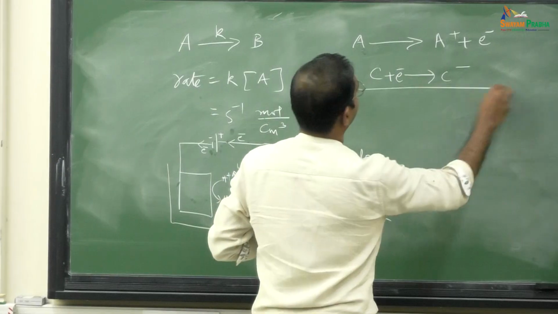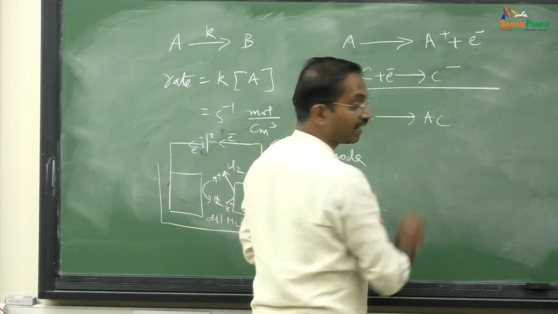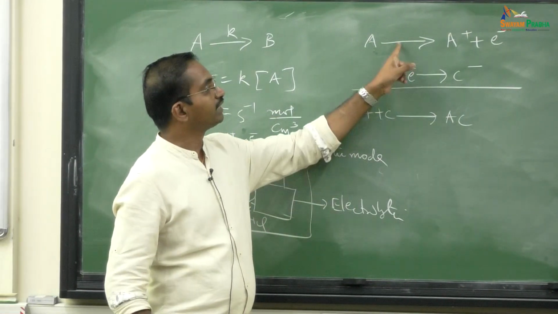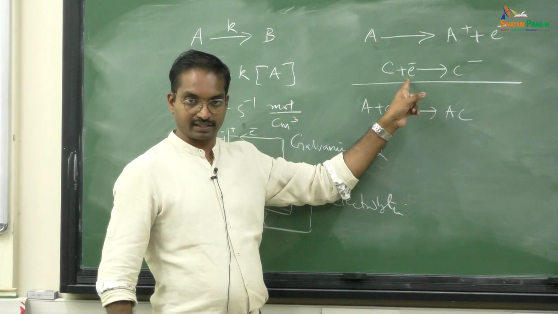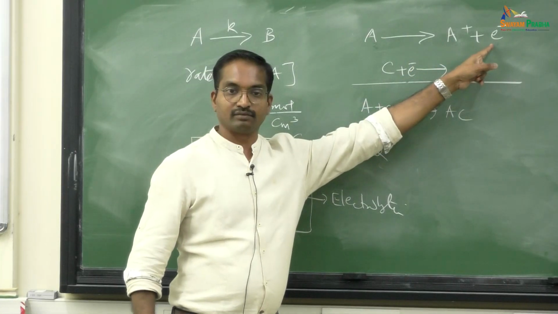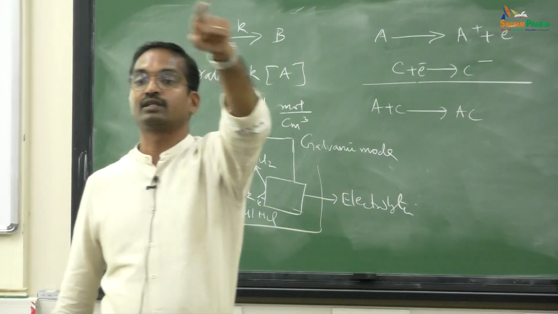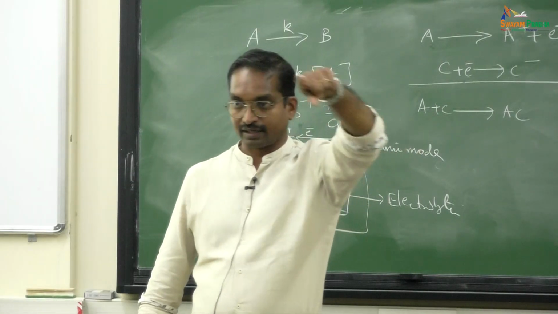So the overall reaction is A plus C giving AC. This is a chemical reaction. Here I have decoupled it into two half cell reactions. So here you can see the electron. Whenever you see an electron, then only it is an electrochemical reaction, because that electron will travel through the external circuit.